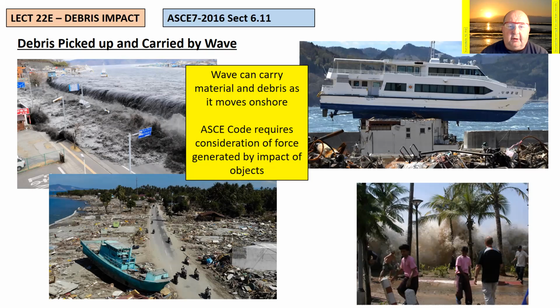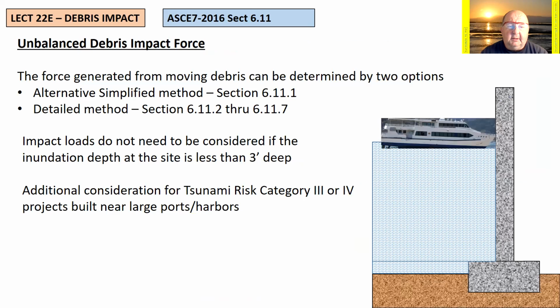We need to consider that all of those things may be potential objects to strike the building that we're trying to design. So the ASCE code has section 6-11, which actually goes through trying to quantify the amount of force that we need to consider.